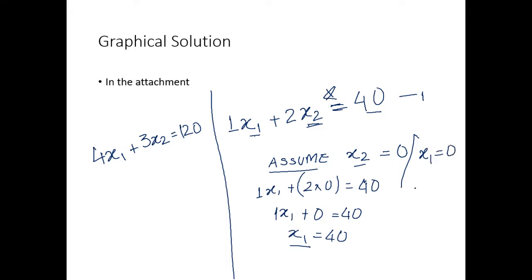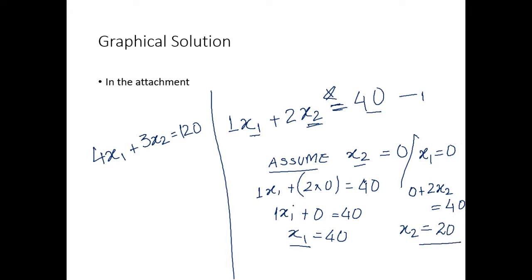So if we assume x1 as 0, this becomes 0 plus 2x2 is equal to 40. So tell me, how much will be the value of x2? x2 is equal to 40 divided by 2. So the value will be 20.